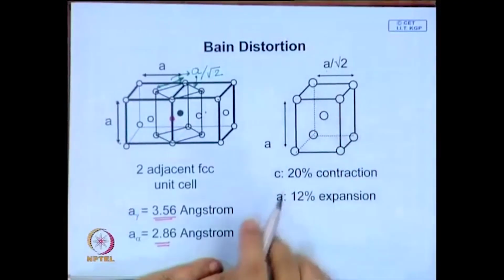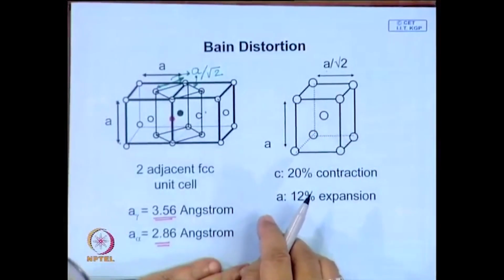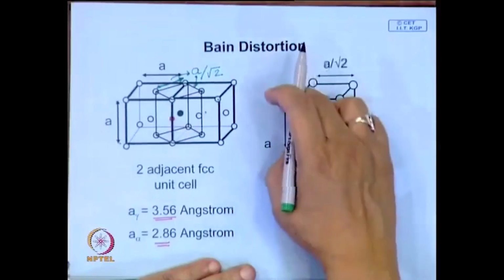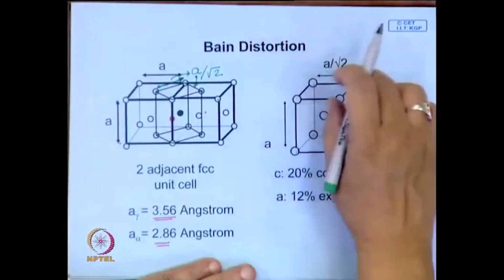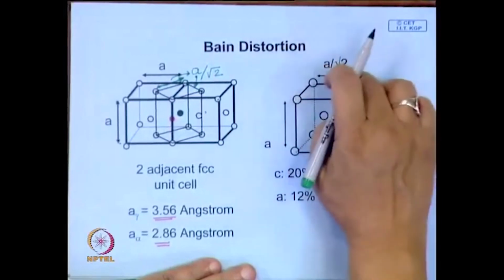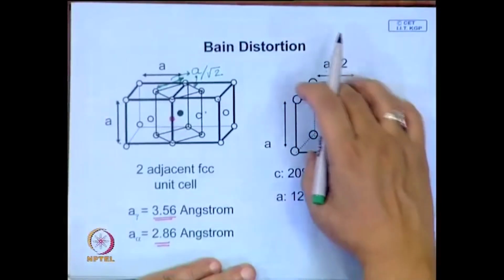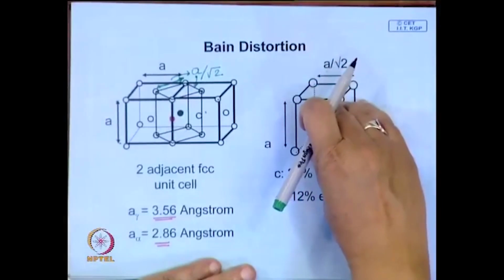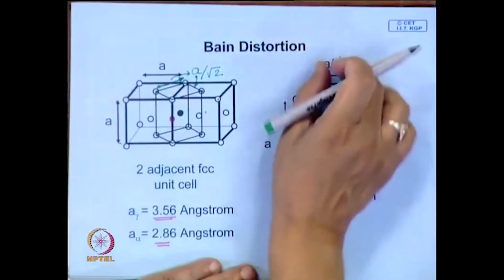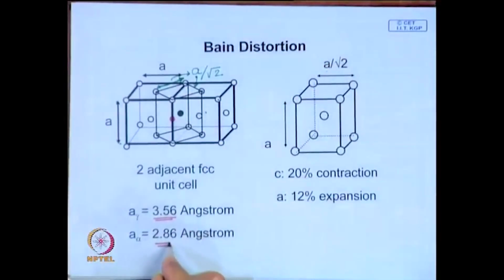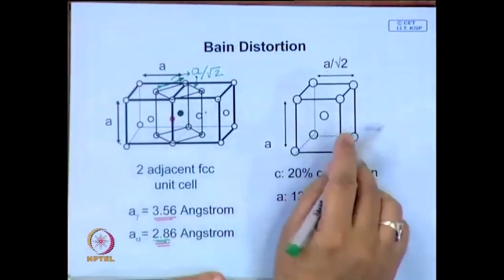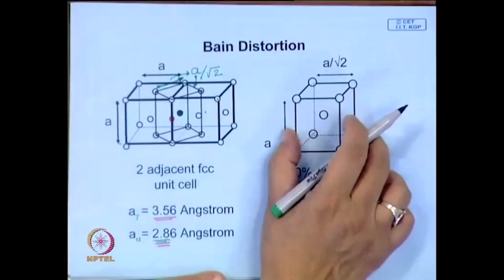So, this is not a BCC lattice. To make it BCC, what you have to do, look at this, this is much larger than this dimension. So, you have to compress it in this direction, and A over root 2 is less than this value, and you have to expand in this direction.